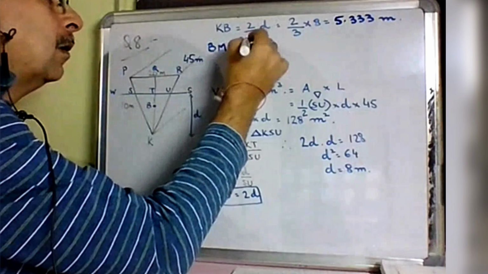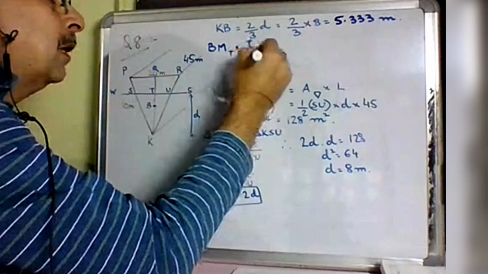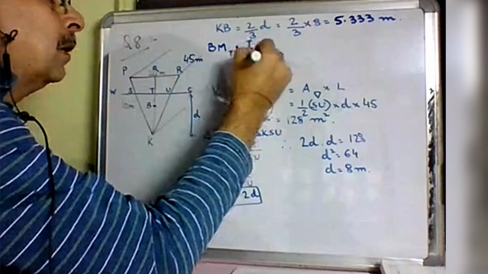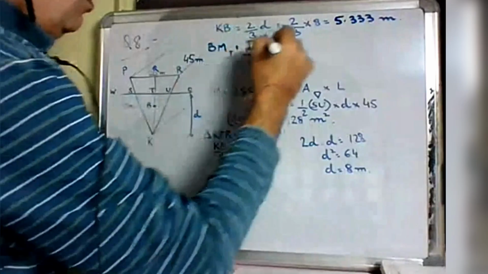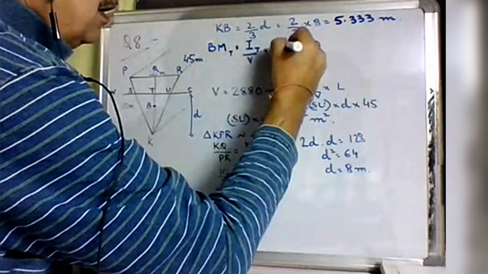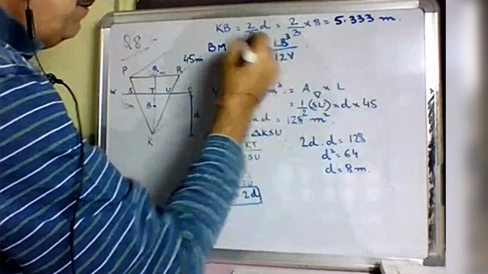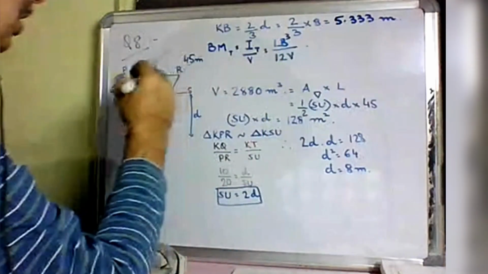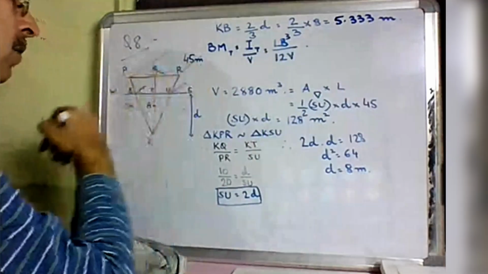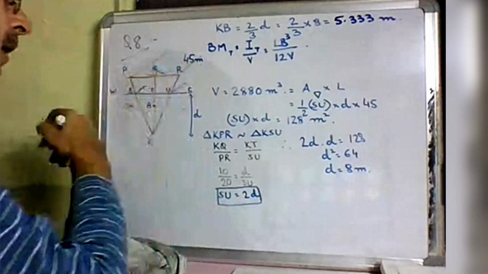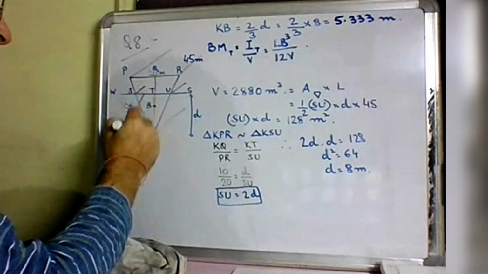BMT is equal to IT by V, which is equal to LB cube upon 12V. This is the moment of inertia of the water plane. The water plane is a rectangular water plane about SU.